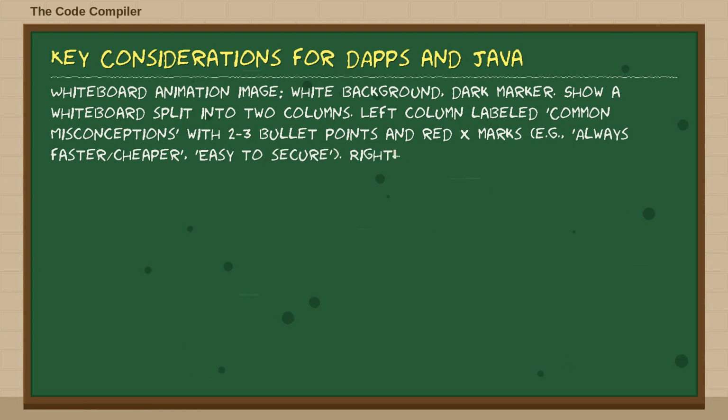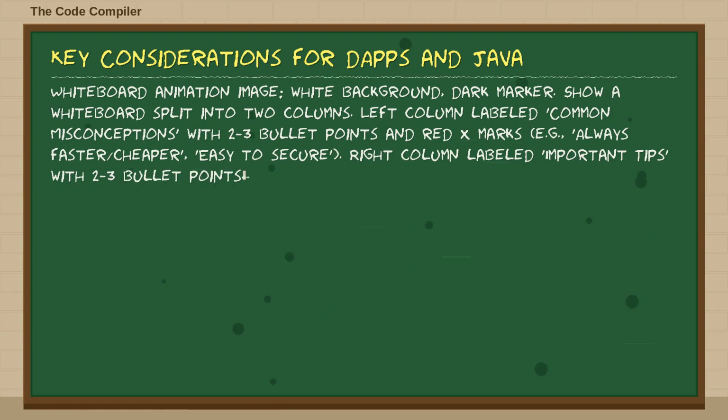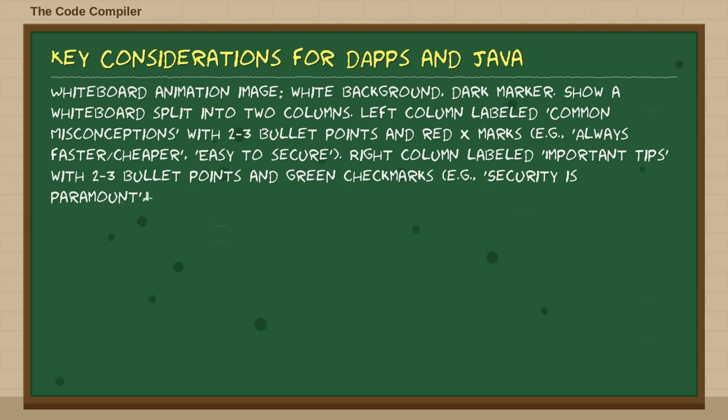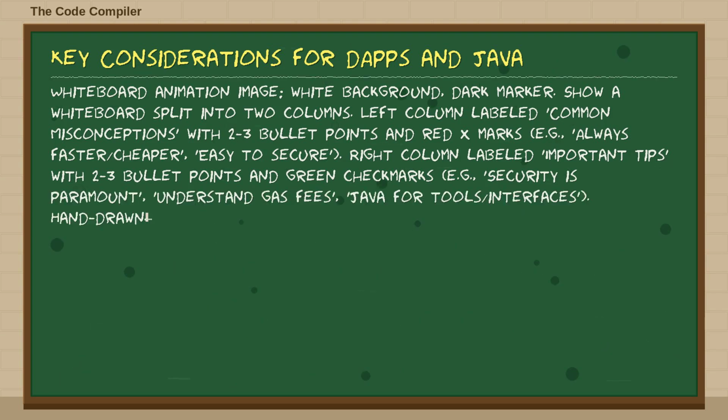Right column labeled important tips with 2 to 3 bullet points and green check marks, for example, security is paramount, understand gas fees, Java for tools and interfaces. Hand-drawn style. No people. Landscape 16:9.